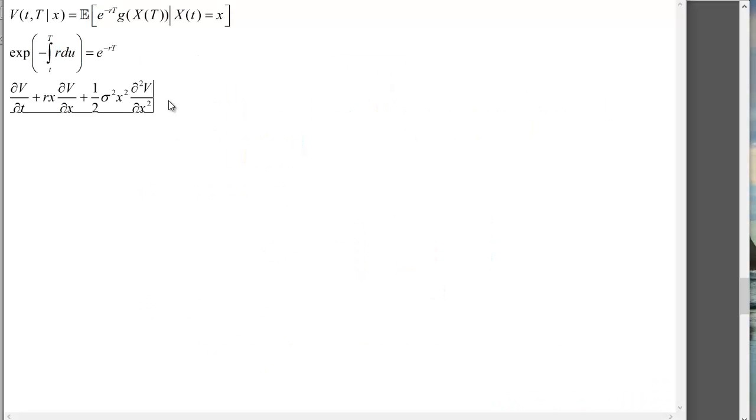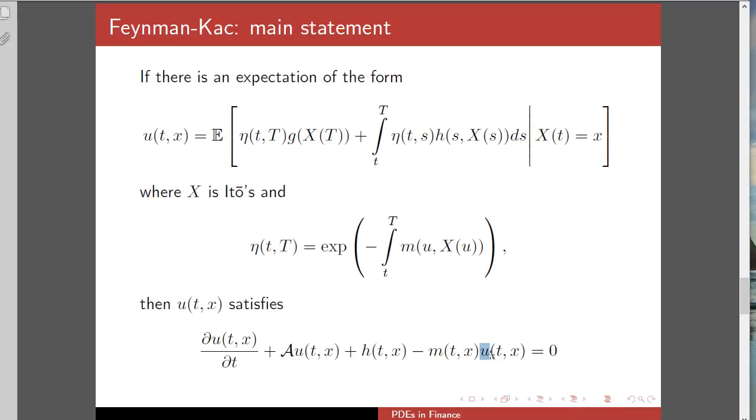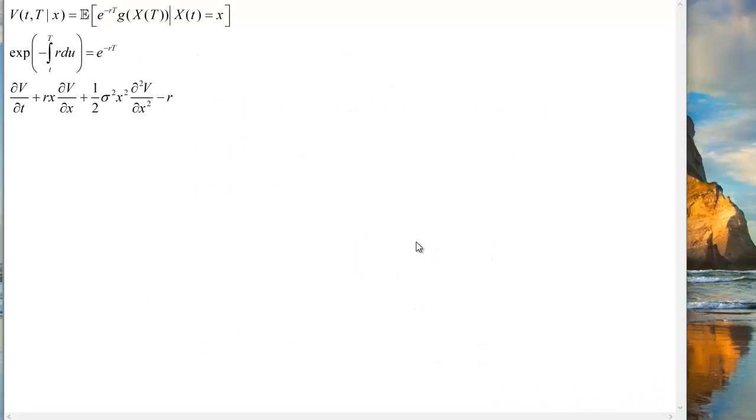So we just have negative r times the value of v, because we are not working with u here, but we are working with v, is equal to 0. And yeah, that's really Black-Scholes and the Black-Scholes PDE, and we basically constructed the PDE using Feynman-Kac. Okay, this is how we did it.